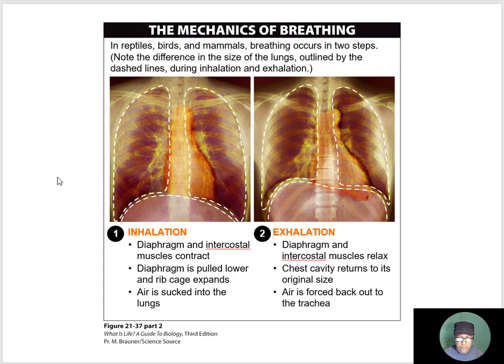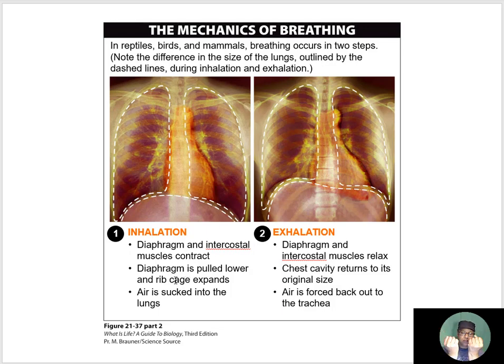In reptiles, birds, and mammals, breathing occurs in 2 steps. I want you to pay particular attention to the size of the lungs outlined by the dashed lines during inhalation and exhalation. During inhalation, the diaphragm and the intercostal muscles contract. The diaphragm is pulled lower and the rib cage expands as air is sucked into the lungs.